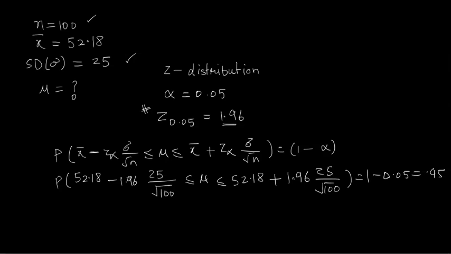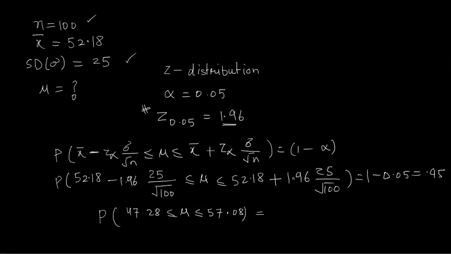If you calculate it, I'm going to get something of this sort. You use a calculator, calculate it, this term becomes 2.50, and 1.96 multiplied with this becomes 4.90, and you're going to get something of this sort: 47.28 less than or equal to mu, less than or equal to 57.08.